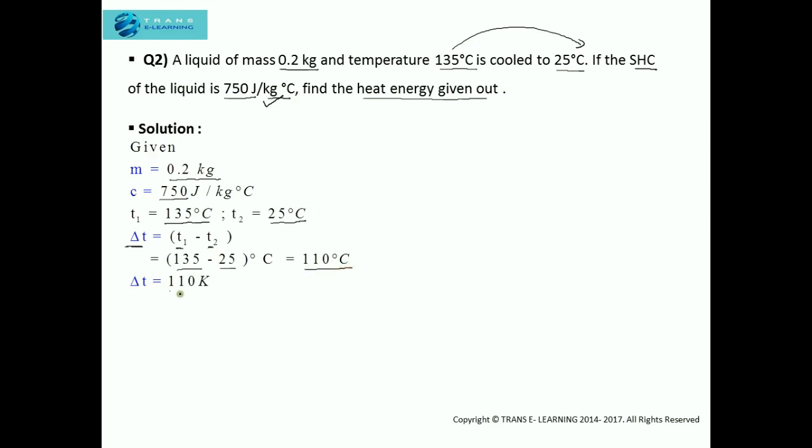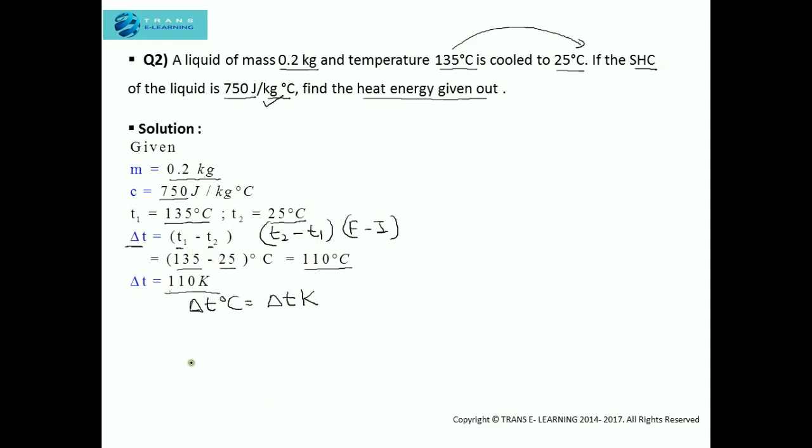We can also write it as 110 Kelvin because change in temperature in degrees Celsius is equal to change in temperature in Kelvin. You must be wondering that in the previous question I took T2 minus T1, that is final temperature minus initial temperature. Then in this question, why have I taken initial temperature minus final temperature?